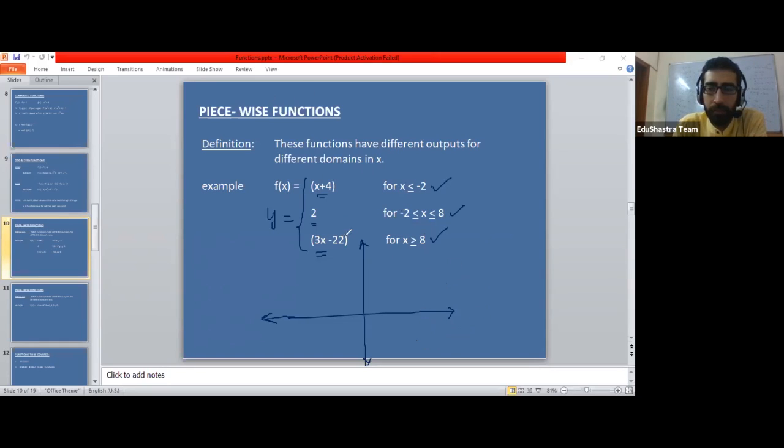Okay. So this function, if you had to plot it on the xy axis, would be something like this: x increases, y also increases, x plus 4.